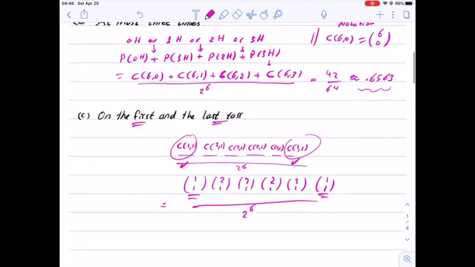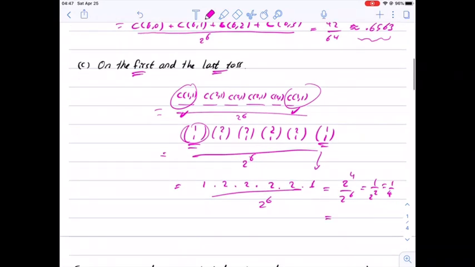So this is 1 times 2 times 2 times 2 times 2 times 1, all over 2 to the power 6, and this is 2 to the power 4 over 2 to the power 6, which is 1 over 2 squared, 1/4. This is 0.25.